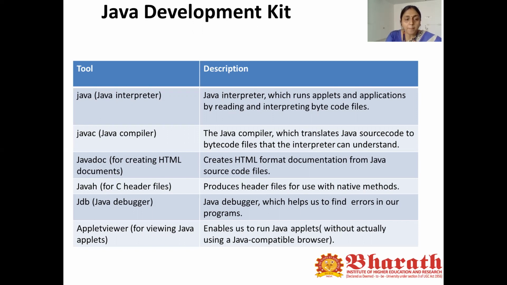And next is Applet Viewer, which enables us to run Java applets without actually using a Java compatible browser. So this applet viewer we can even use for designing web pages. So these are some of the classes or library files which are available in the Java Development Kit.